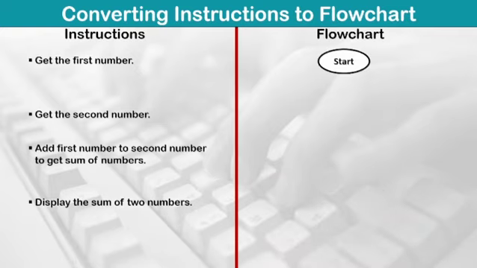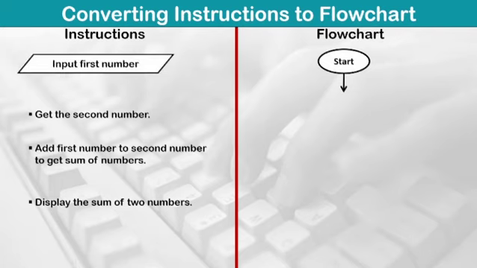Consider the instruction get first number. This is an input operation, a point at which data is received. Hence, we are going to use a parallelogram shape with the instruction input first number written inside and add it to the flowchart.